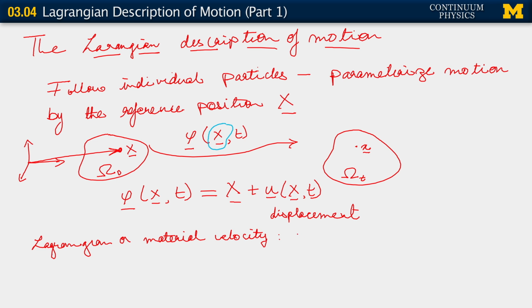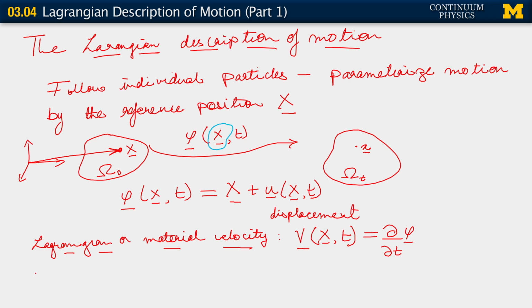We will write it very obviously as capital V. Now, we want it to be parameterized by the reference position, right? So V is going to be parameterized by capital X and t, and it has the very obvious definition, right? It is simply the time derivative of the position, okay? That is our Lagrangian or material velocity, okay? And of course, we can go on beyond this, right?